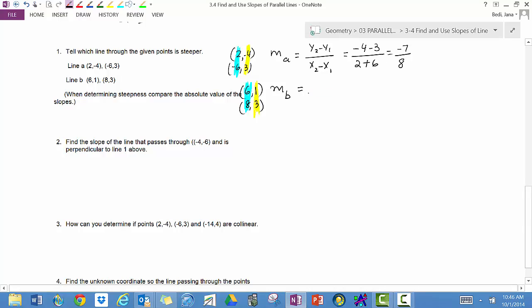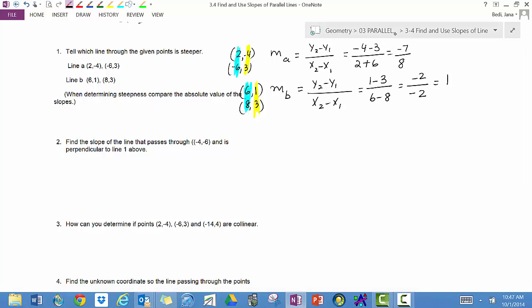So I have again y2 minus y1 over x2 minus x1 equals 1 minus 3 over 6 minus 8, and that is -2 over -2, which is 1. So when you compare the steepness, you look at the absolute value.